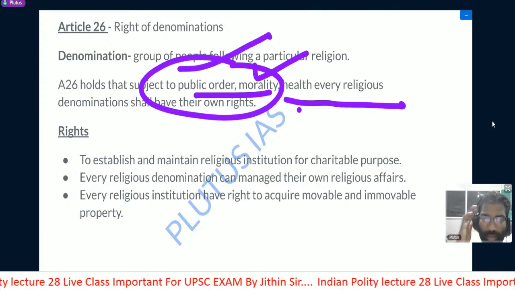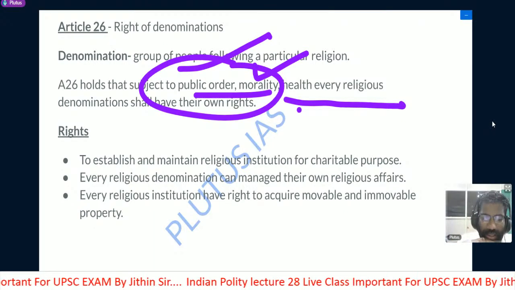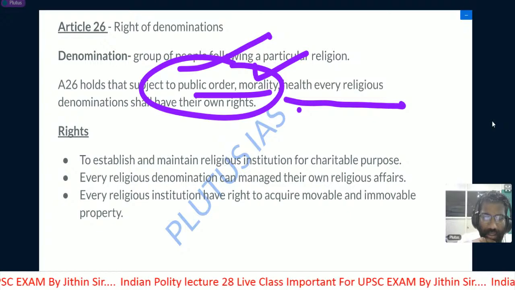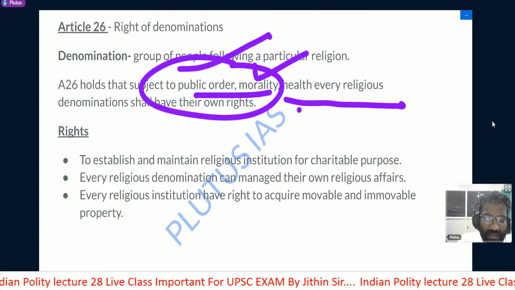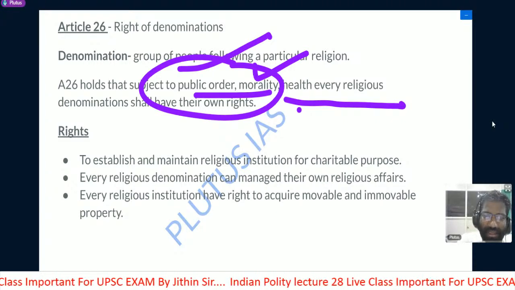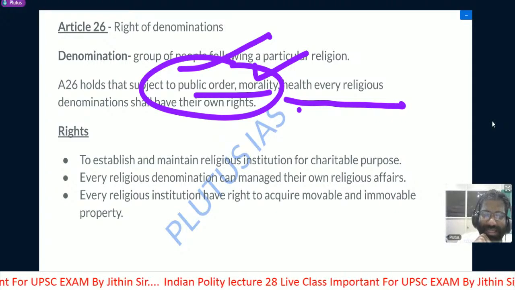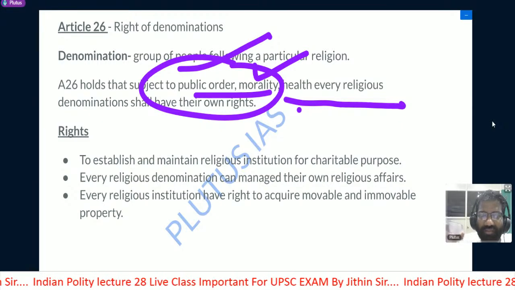A religious denomination can establish and maintain a religious institution for charitable purpose.